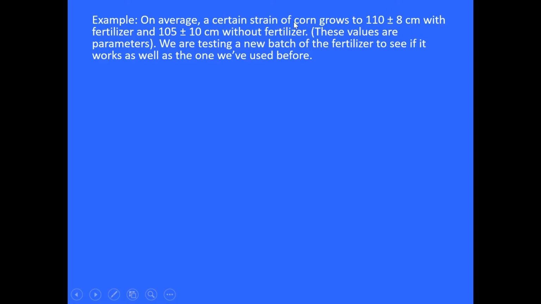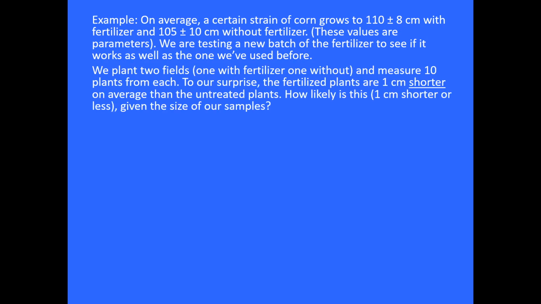A certain strain of corn grows to 110 plus or minus 8 centimeters with the fertilizer, and 105 plus or minus 10 centimeters without the fertilizer. We're going to say that these are parameters. And we're going to test a new batch of the fertilizer to see if it works as well as the ones we've used before.